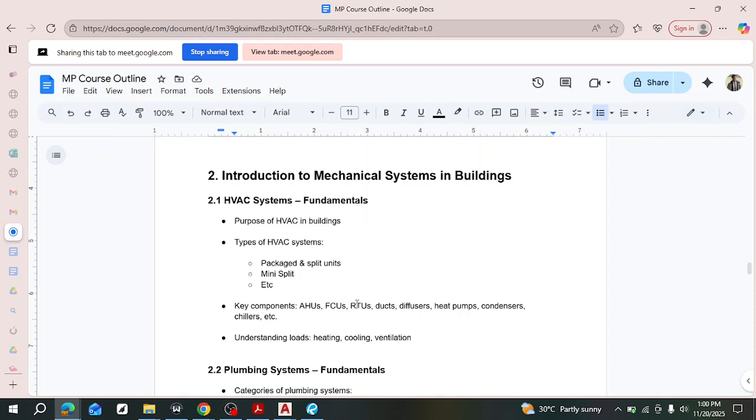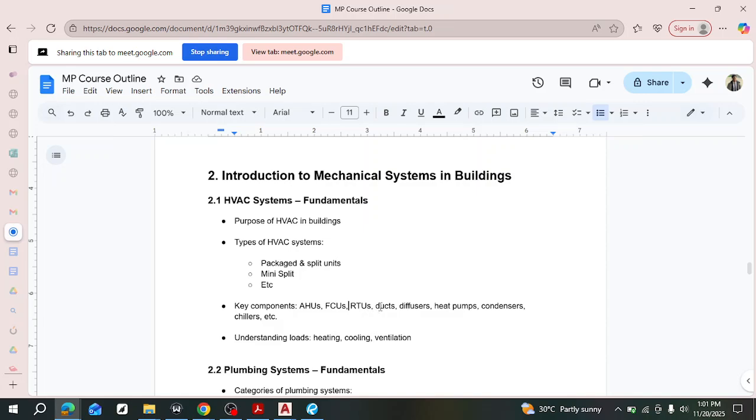They are called rooftop units. They are made to withstand harsh weather, so they are placed outside over the roof. They consist of the air handler and the other outdoor units together.